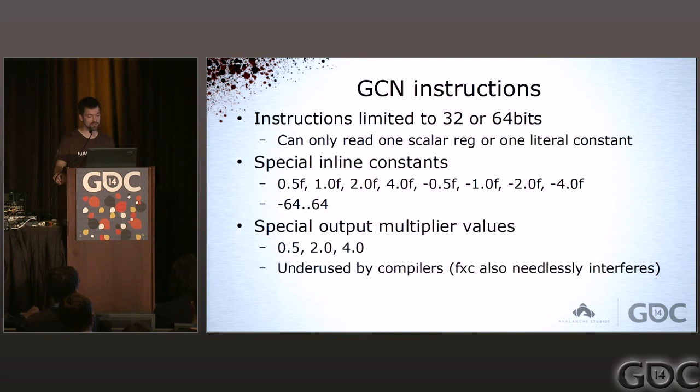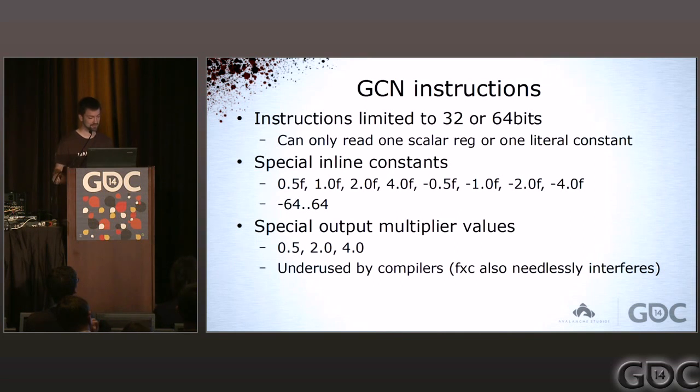Each instruction can only read a single scalar register or one literal constant. The exception is if the constant falls into one of these special values here, because these are treated like special hardware values. And in some cases, given this limitation, it's very useful to have those.